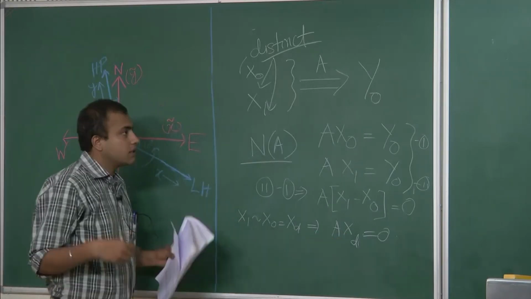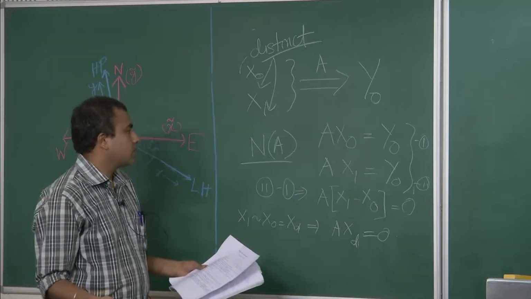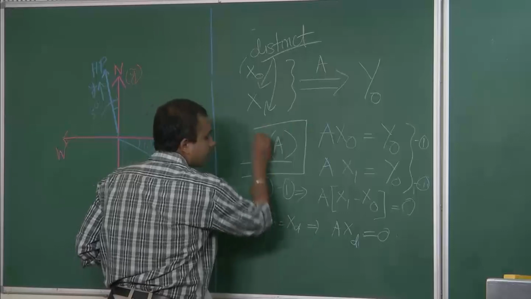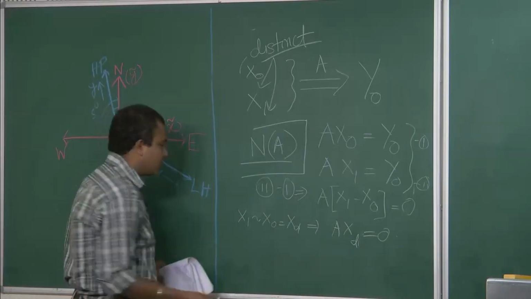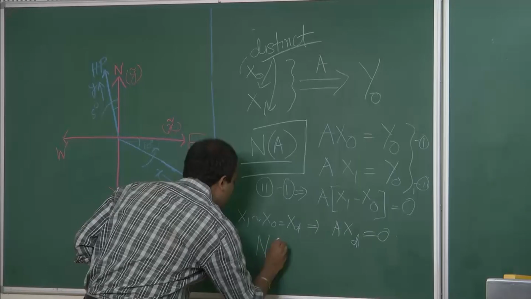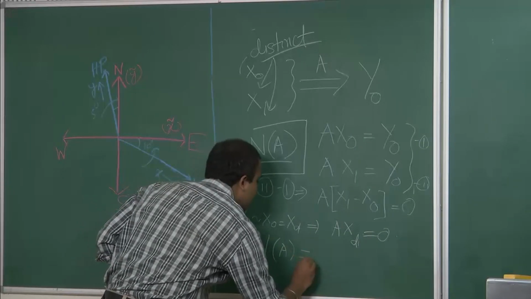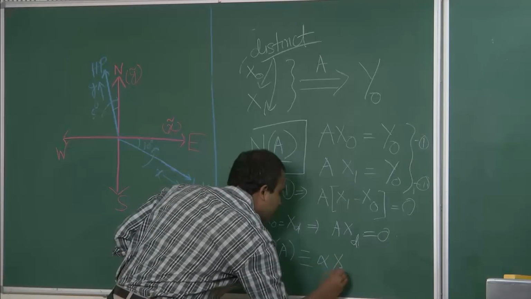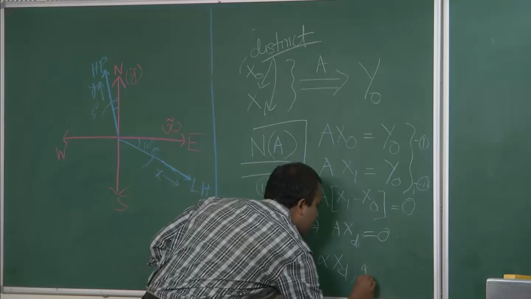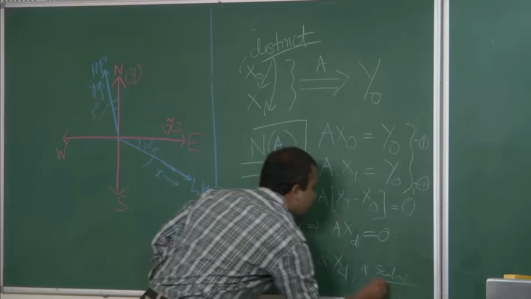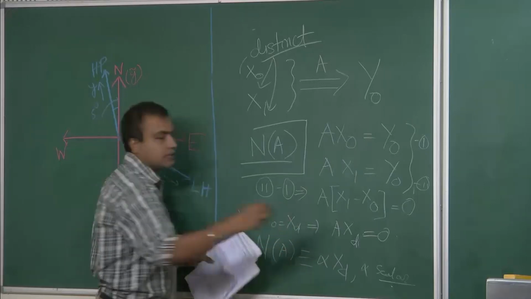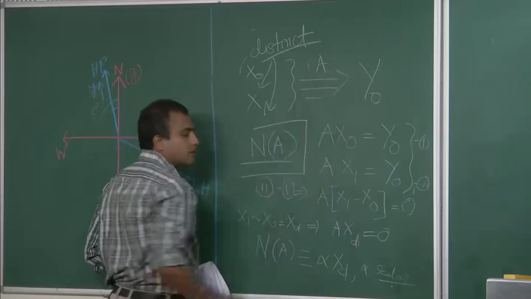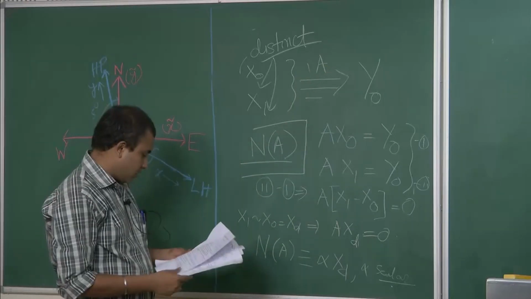If we have to describe all of the null space of A, we can say a basis of N A. So basically N A is equivalent to alpha x d, where alpha is a scalar. This describes the whole of null space of A, whatever this linear transformation is. So, I think that settles question 3.